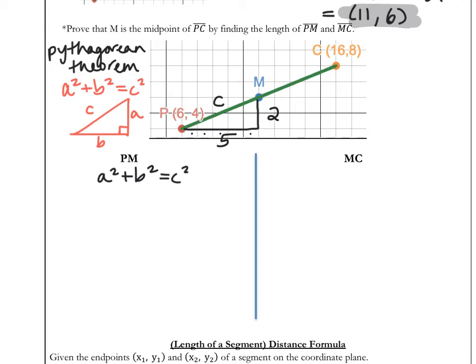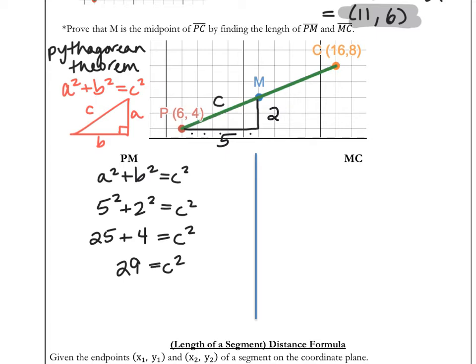Those are my A and B, so I plug those in. 5 squared plus 2 squared equals c squared. 5 squared is 25, 5 times 5. 2 squared is 4, because it's 2 times 2, and that's equal to c squared. If I add those up and combine like terms, I get 29 equals c squared.